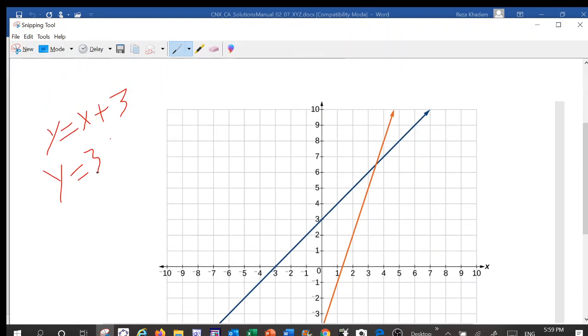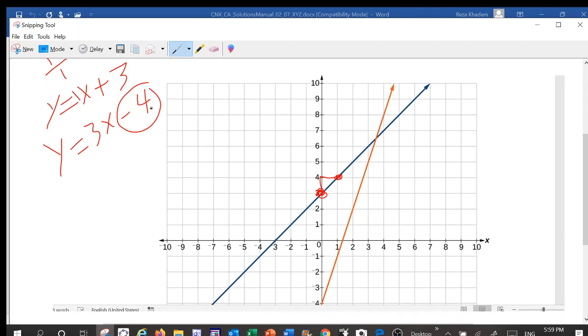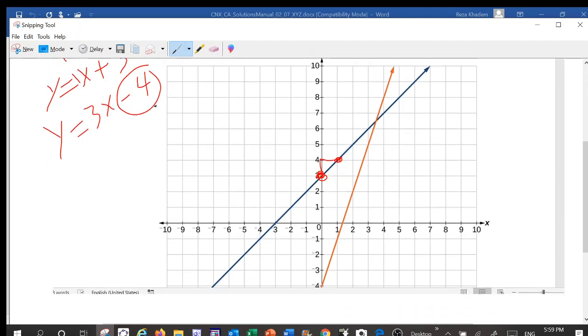So for x plus 3, of course, you go to the y-intercept, which is 3, and then the slope is 1 over 1. So you go up 1, right 1, you get another point, you graph it, the blue one. And then for 3x minus 4, you go to negative 4 on the y-axis, which is about right there, right? And again, the slope is 3 over 1, so you go up 3 and then right 1. And that's the graph of the second one.